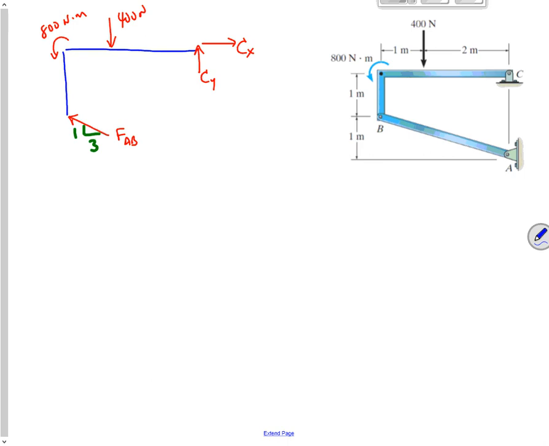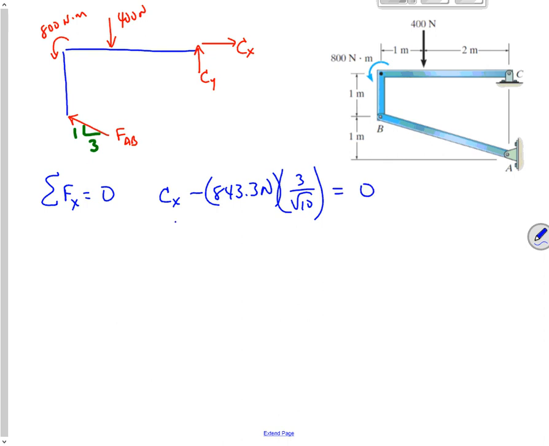Now I'm going to use the sum of the forces in X. So the sum of the forces in X, I get Cx minus 843.3 newtons. That's FAB. The X component is going to be 3 over the square root of 10. And that's all the forces in the X direction. So Cx is equal to 800 newtons to the right.